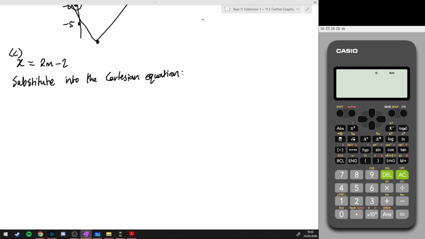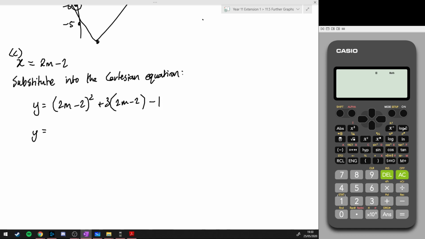So that is y is equal to 2m minus 2 squared for the x squared bit, plus 3 lots of 2m minus 2 for the 3x part, and then the minus 1 at the end.